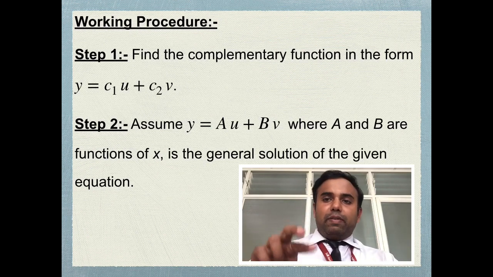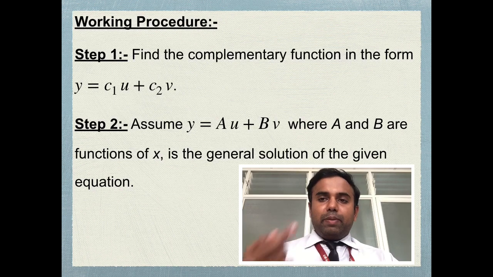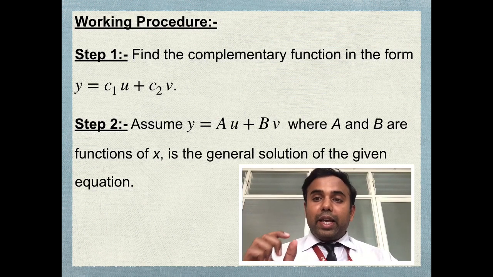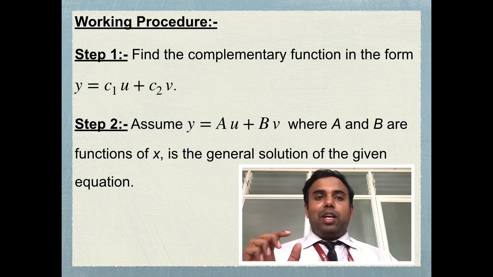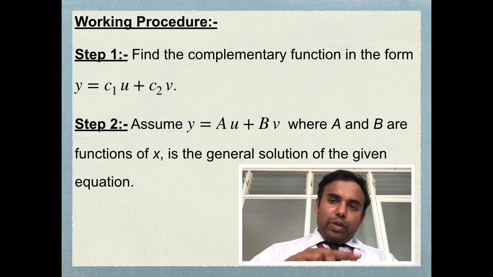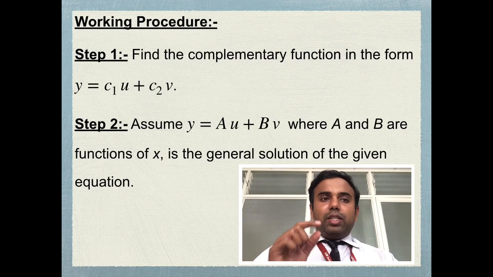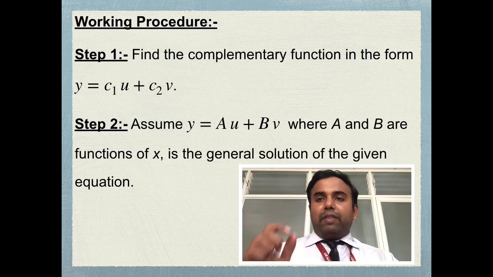Of course, here c1 and c2 from the first step are now replaced by a and b, and a and b are again functions of x, the independent variable. So our assumption is y is equal to au plus bv, where a and b are functions of x, is the general solution of the given equation.